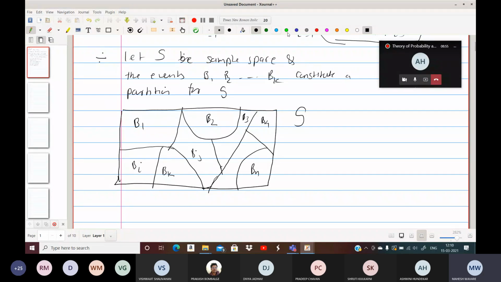And it is known to us that some event A happens. Event A occurs there. Suppose this is the event A. I should shade it.